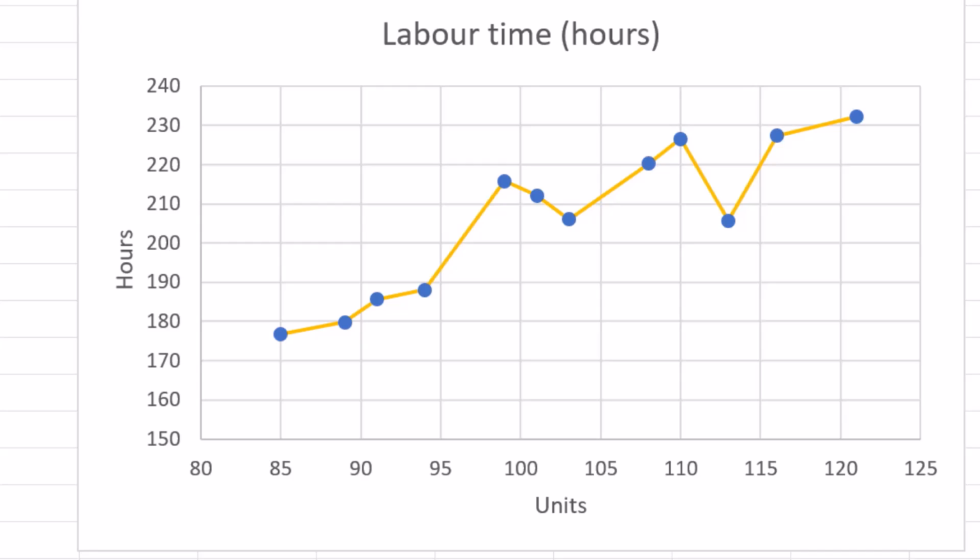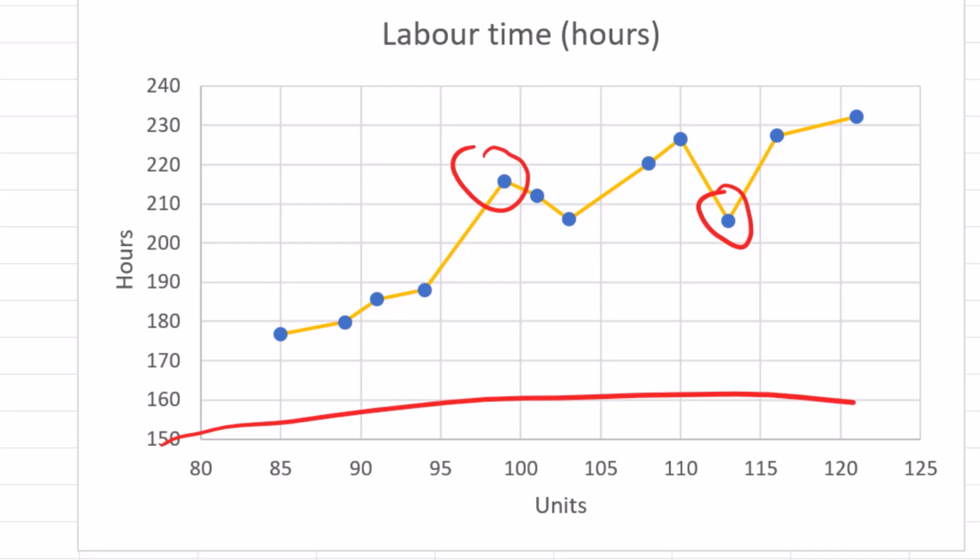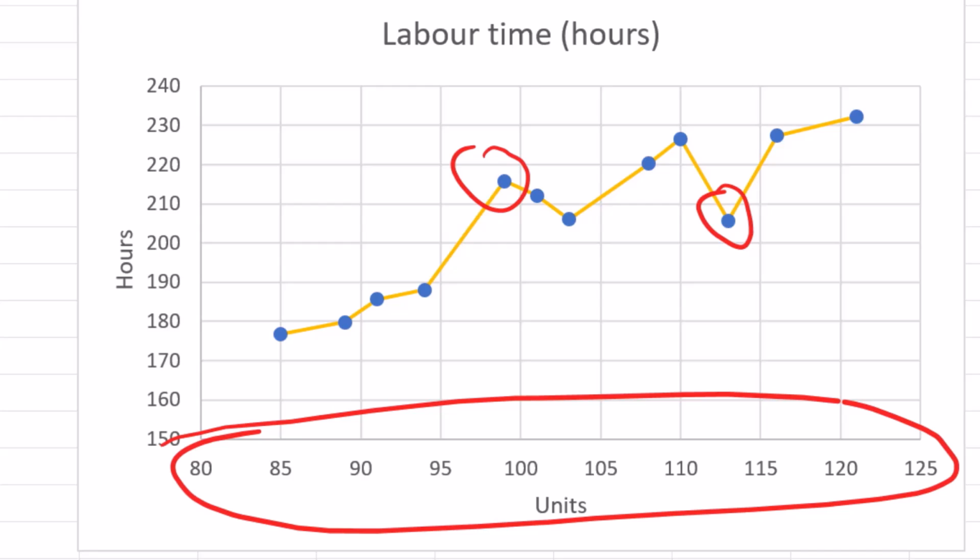So right here, if I look at my production data in more detail, this is a month that I happen to have mostly inexperienced new workers, and they were also working with a bad batch of wood. Oh, look, in this month, we had our most experienced team ever, and we had a great batch of wood. So there are more factors at play than just the number of units.